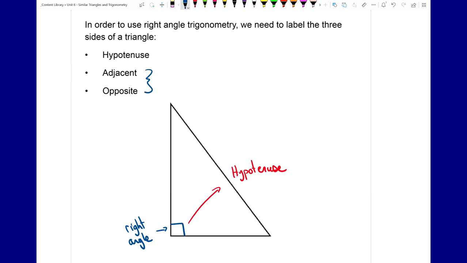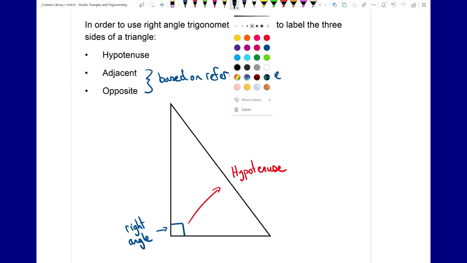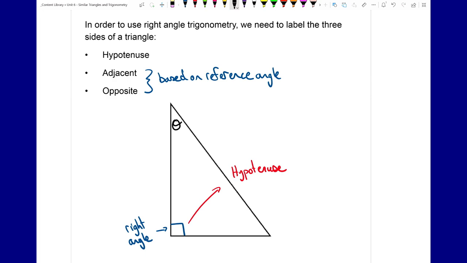Our opposite and adjacent, we said before, are based on the reference angle. I'm going to switch it up this time and put my reference angle up at the top. This is theta, which just references an unknown angle, and we're going to use that angle to help us label our other sides.